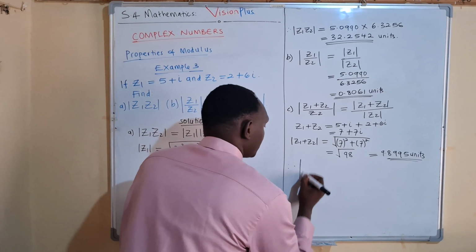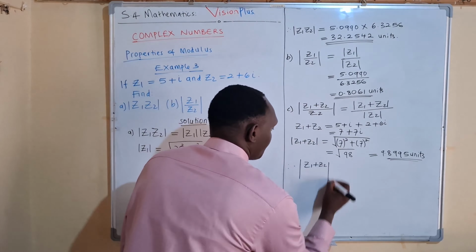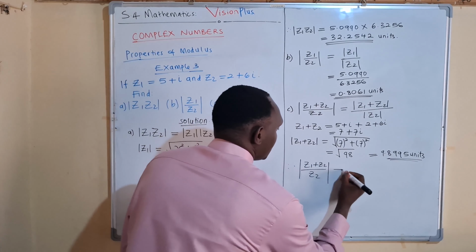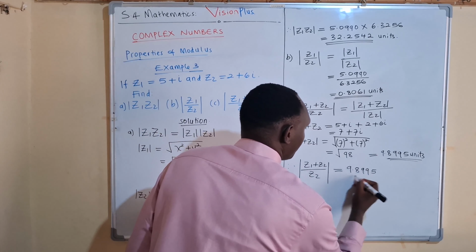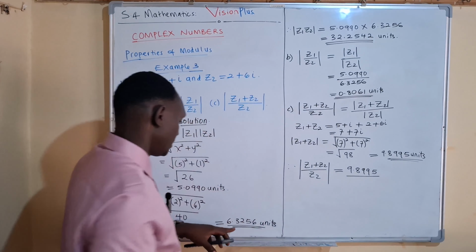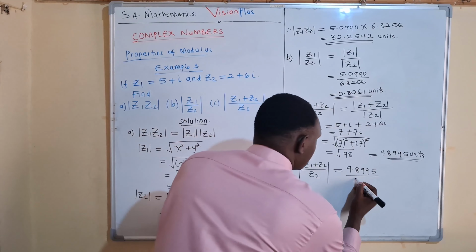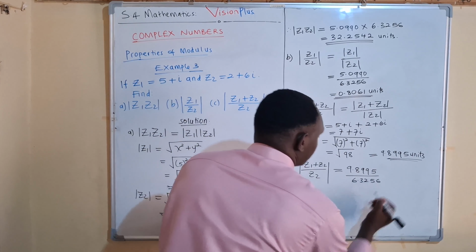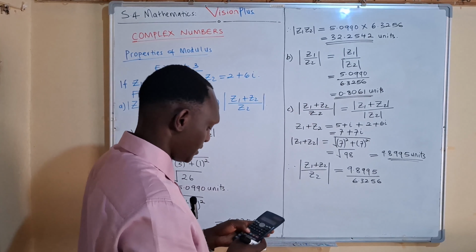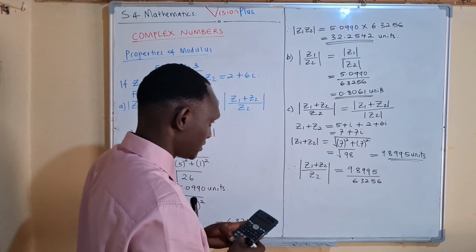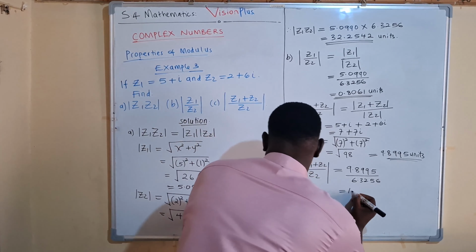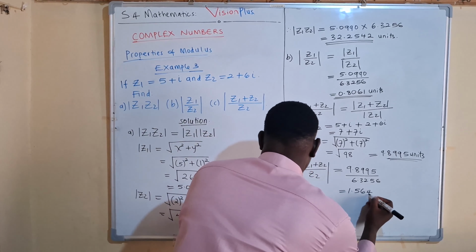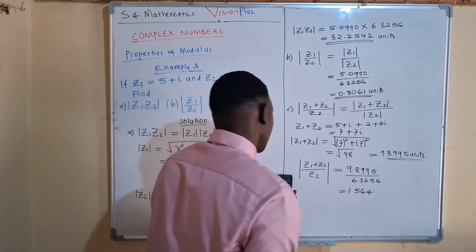So therefore the magnitude of z1 plus z2 over z2 is the same as the magnitude of z1 plus z2, which is 9.8995, but we are dividing it by the magnitude of z2, which is 6.3256. 9.8995 divided by 6.3256 gives us here 1.56456498.